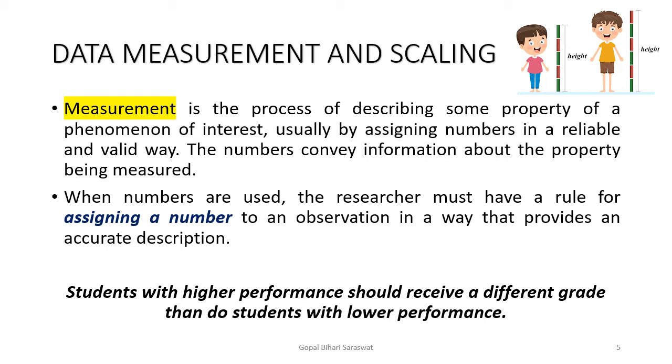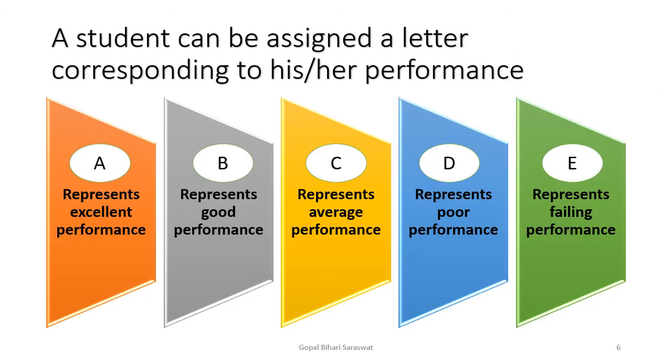For example, a student with higher performance should receive a different grade, and these grades have been scaled in a manner where the students who perform well are awarded higher grades, and on the contrary, the student with a lower grade score performs very poorly. So this is how we generally measure our data. A student can be assigned a letter as a grade or a rank.